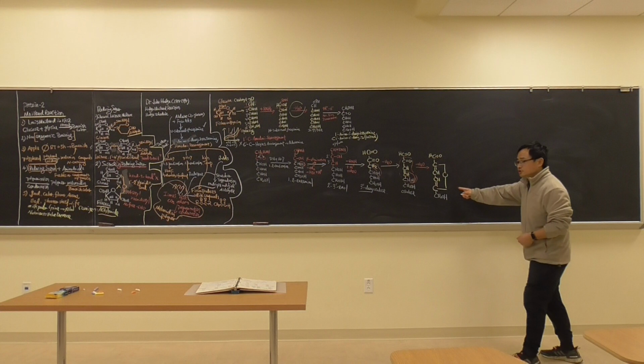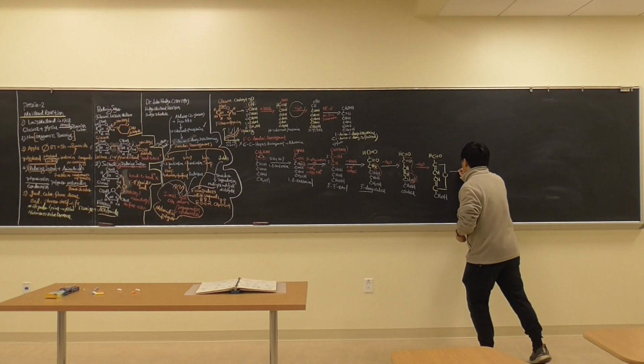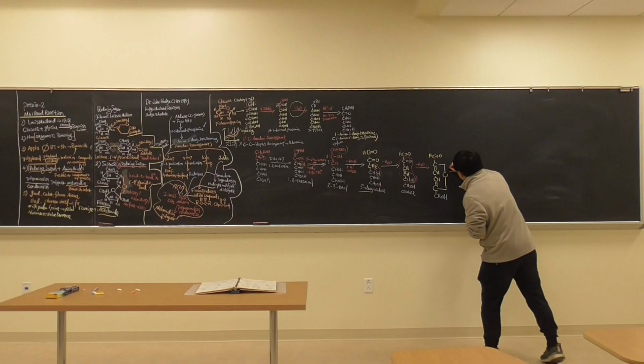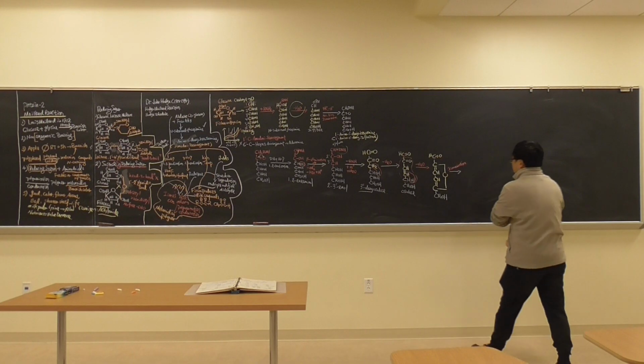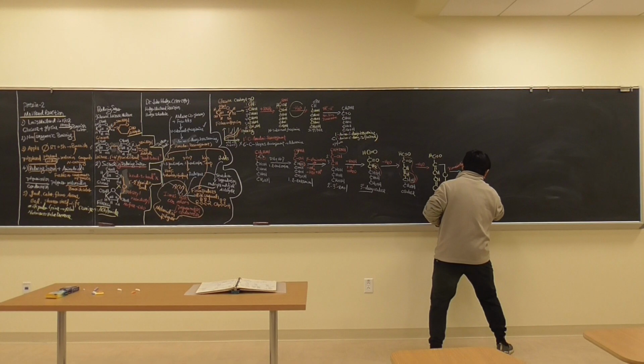This is a transition step, a carbonyl ring. The carbonyl ring is not stable. It's going to go through a modification, which we call isomerization, and it will become the product. It looks like this.